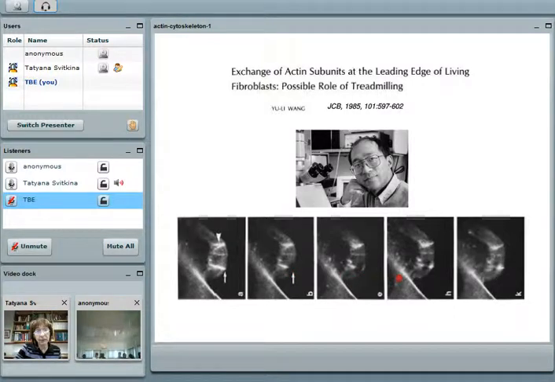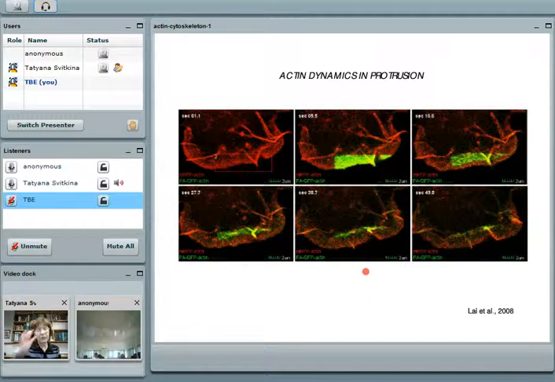If you watch the same cell over time, you see that a new population of bright actin appears at the edge and gradually grows, and the dark zone is displaced back. This means this is the area where new actin is incorporated into the old actin, which pretty much says that barbed ends, which are located at the membrane at the leading edge, incorporate new actin, polymerize and push the membrane.